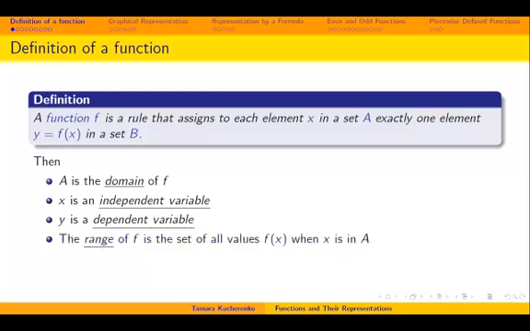The sets A and B can be arbitrary. For example, we can define a function from a set of all living people into the set of natural numbers by mapping each person into his or her year of birth.